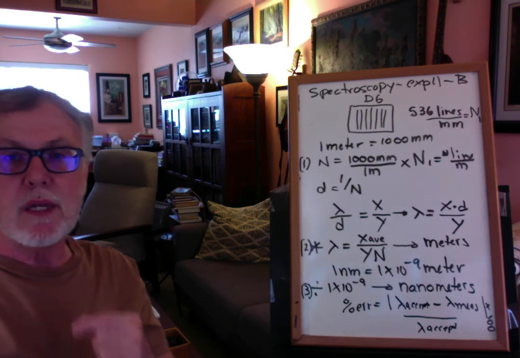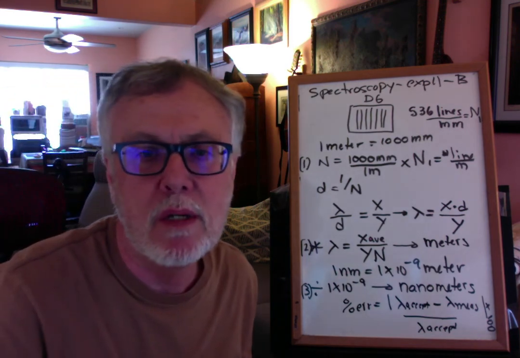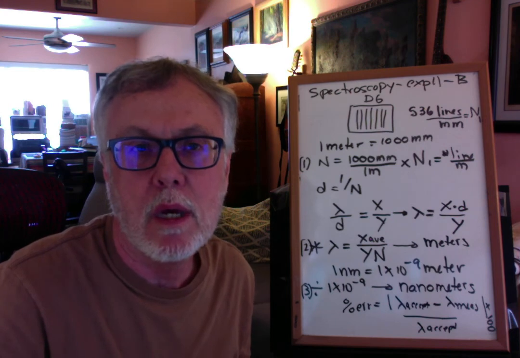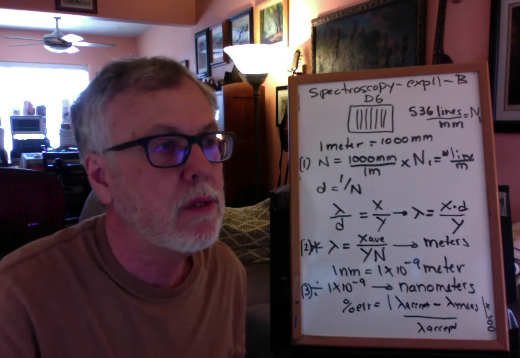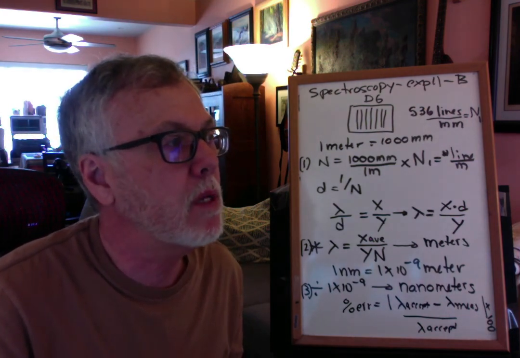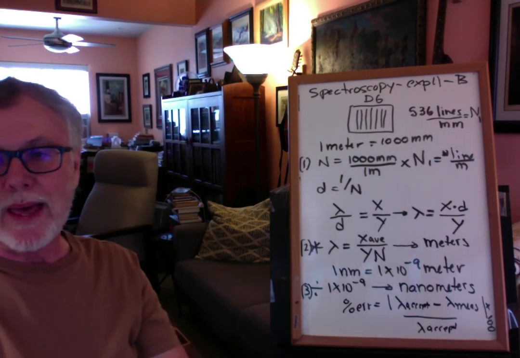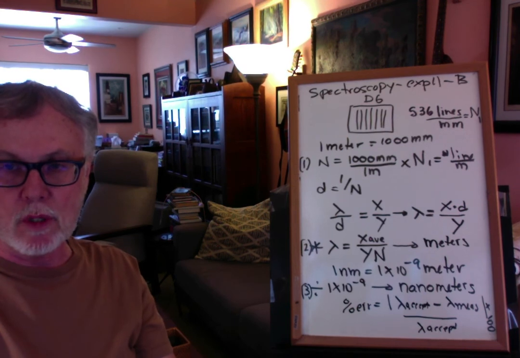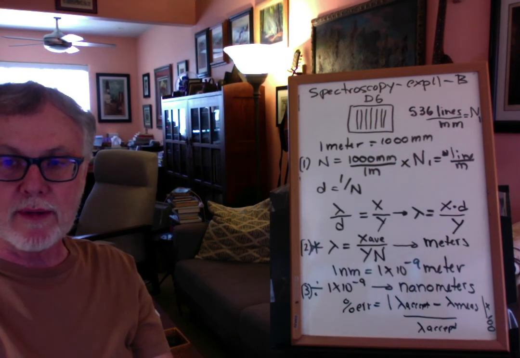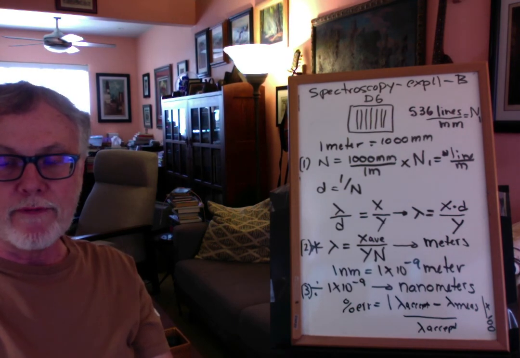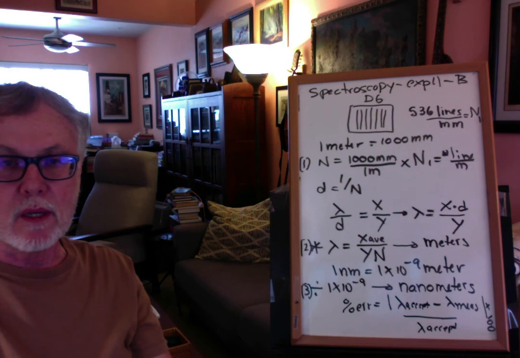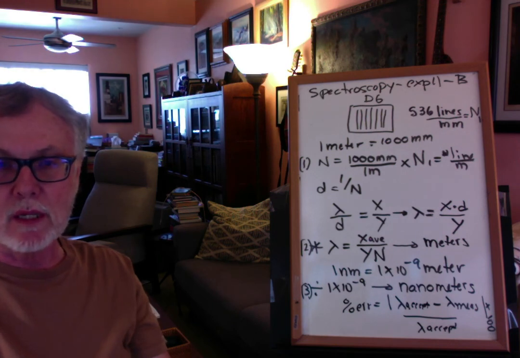On Monday, it's actually Monday the 18th of May. The experiment is due. On the 18th, we'll have the lab midterm number 2, starting at 3 o'clock, going till 7, which will finish up all of what we need to do for this semester for the laboratory 117 astronomy.